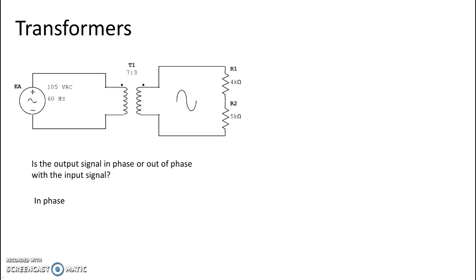Alright, let's take a look at that next question. What type of transformer is this? Well, we already know it is a step-down transformer because of the 7:3 ratio. Now, we also talked about the fact that it's blank there in our symbol rather than having those lines down the middle that the last one had.